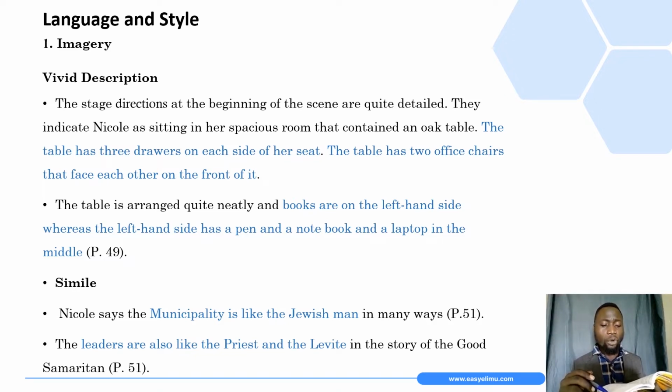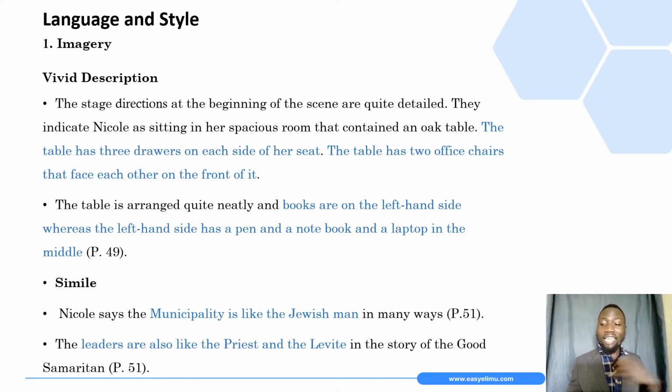The table is arranged neatly with books on the left-hand side, a notebook and a pen on the right-hand side, and a laptop in the middle. There is a soft knock on the door, and so on. I want to believe that you've gotten that part where Nicole's room is being described vividly.